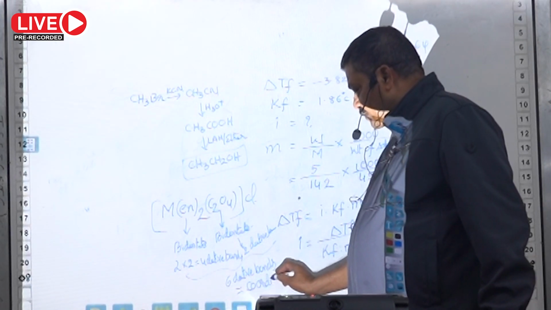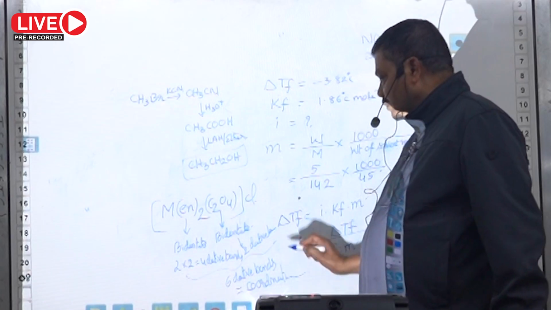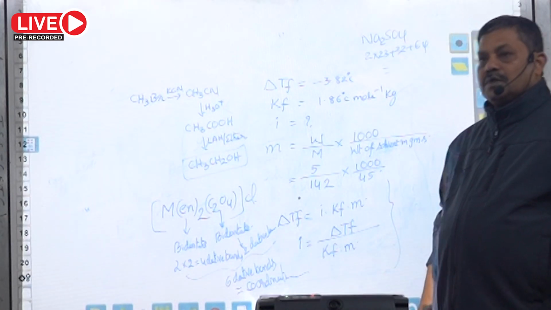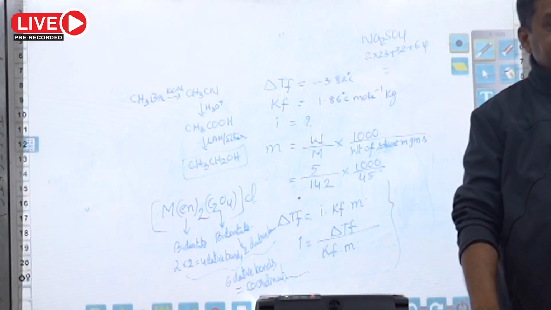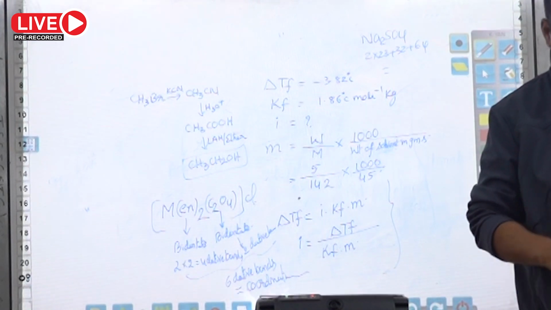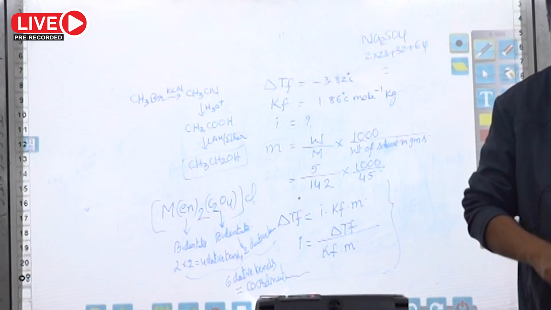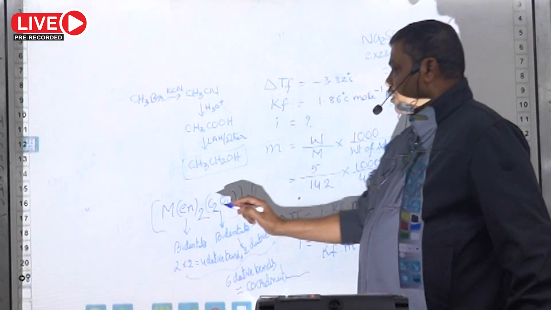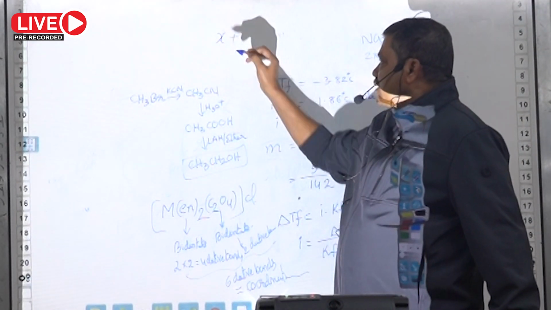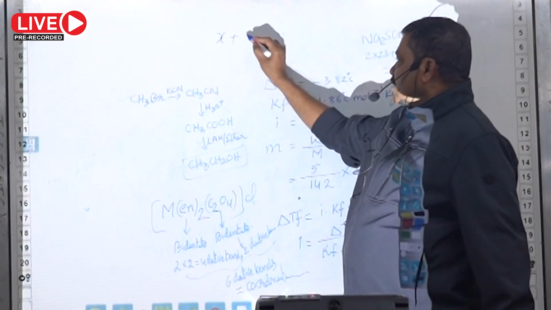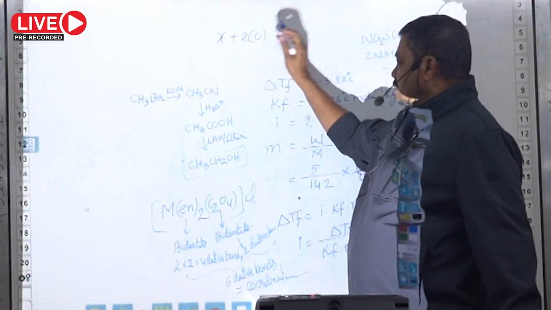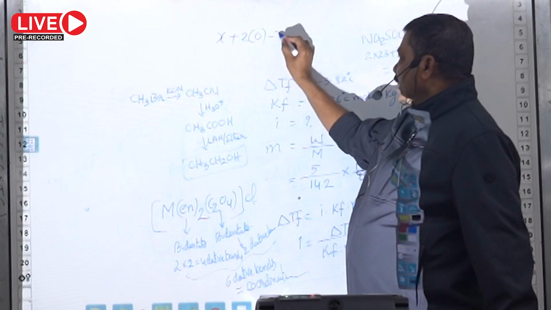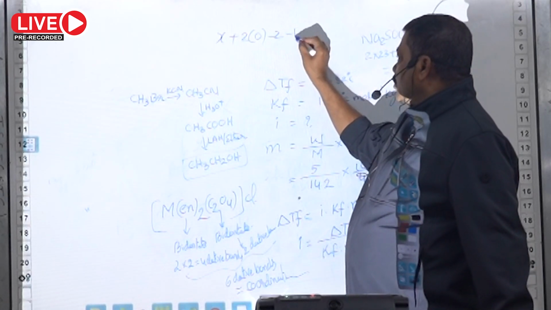Methyl bromide with KCN, you will get methyl cyanide. Now this is subjected to hydrolysis. Cyanides on hydrolysis become carboxylic acids.